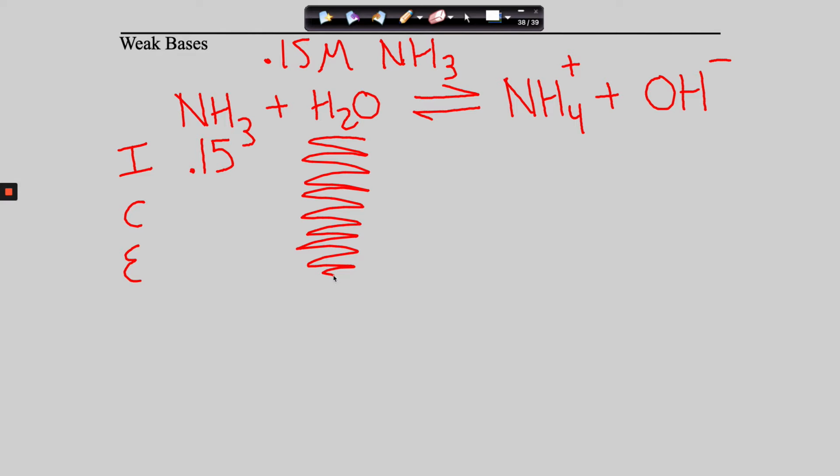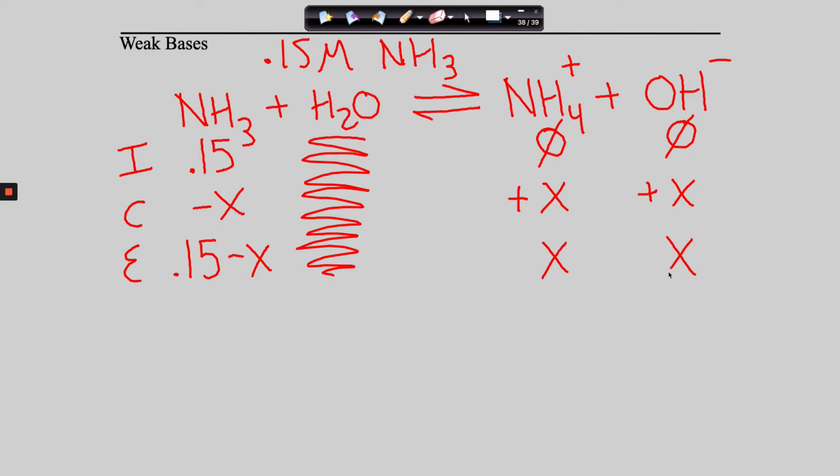It's a pure liquid. It's got to be there to make the equation balance because we need that source of hydroxide. But it has no molarity, so put a squiggle. Then, guys, you know the drill. This is 0. This is 0. This is minus x. This is plus x. This is plus x. Then we're going to go 0.15 minus x, and then x, and then x.